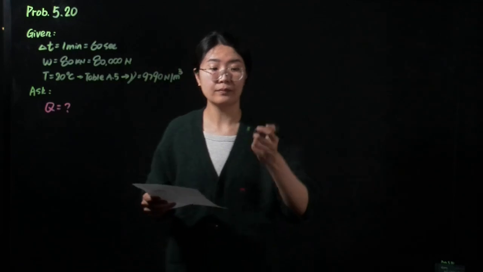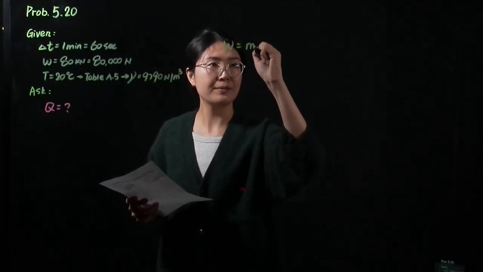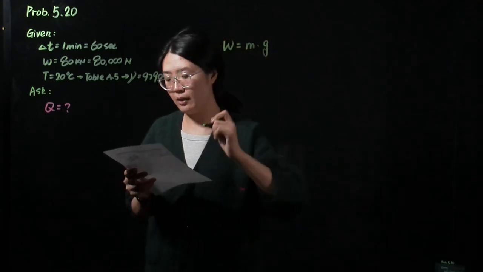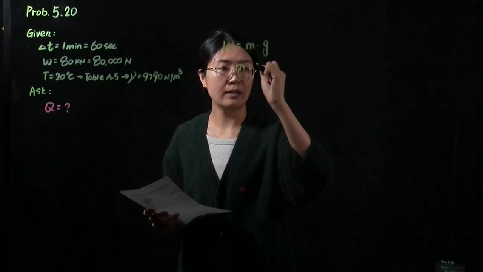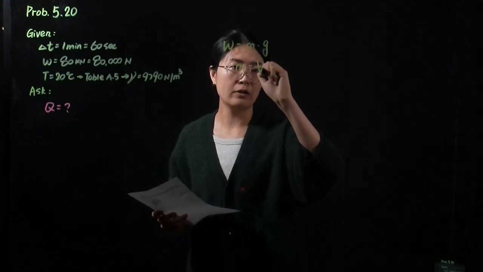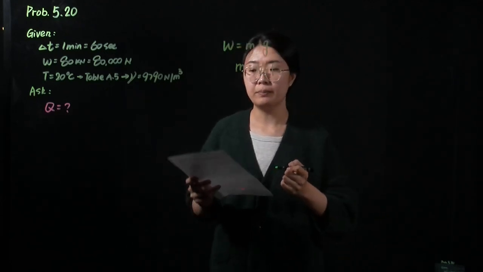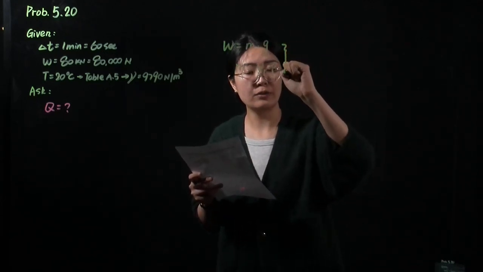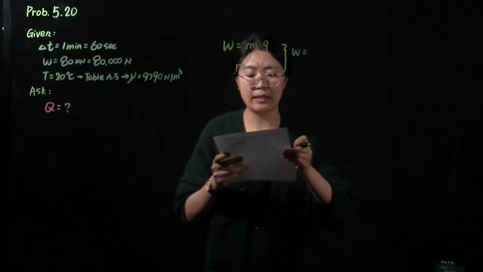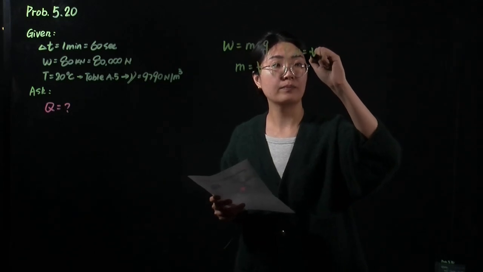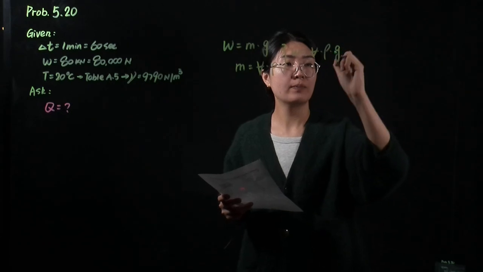So we know the weight equals mass times g. And we know the mass equals the volume times the density, right? So if we bring these two together, we get the weight equals the volume times rho, the density, times g.